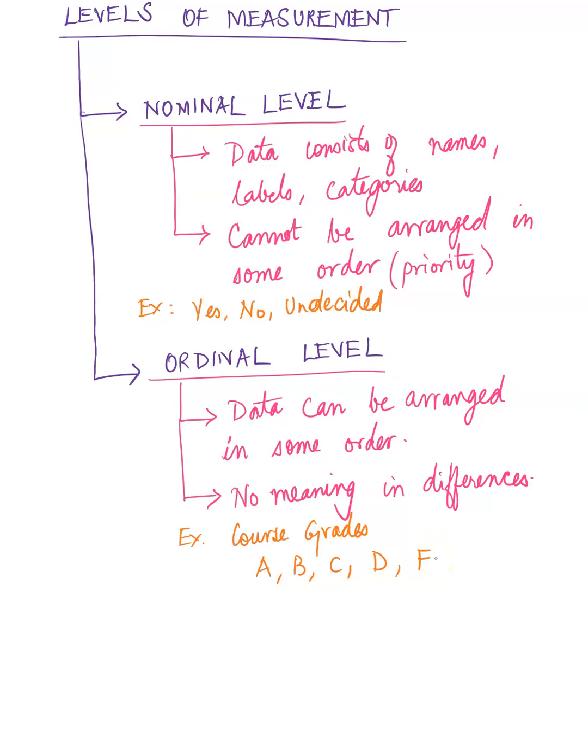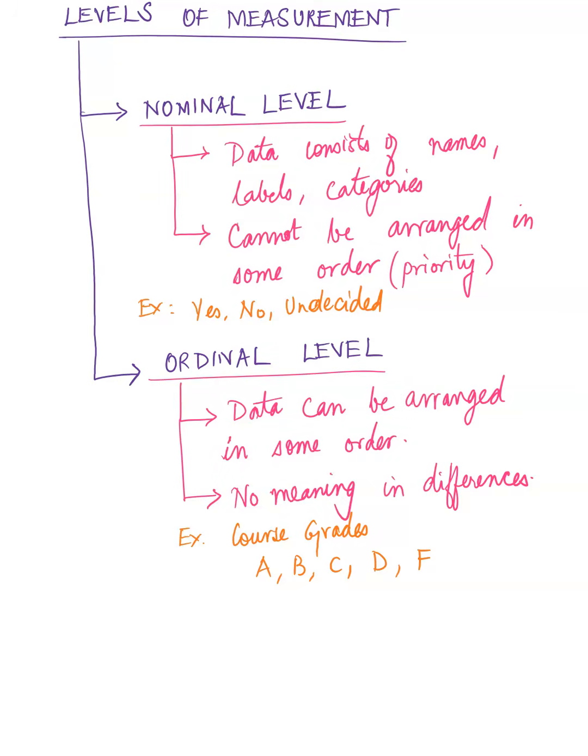Because A obviously is on the top, it's exceptional, and F is failing. So there is that order, but there's no meaning in taking A minus B or C minus D. We don't do that. And therefore, here too it is some kind of a description. It's qualitative data because you have letters, not numbers. But they can be arranged in meaningful order, but differences are not meaningful. We can't take any differences.